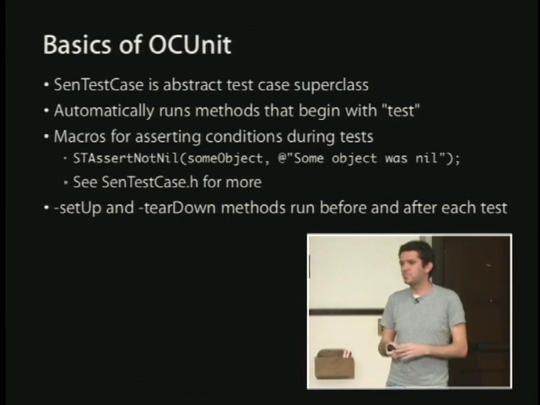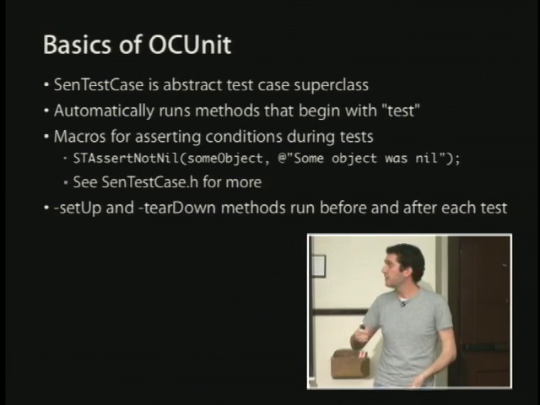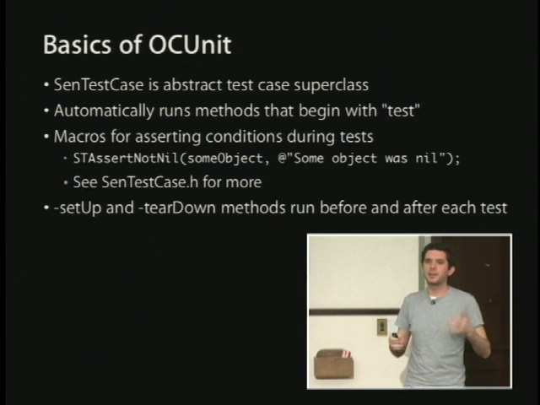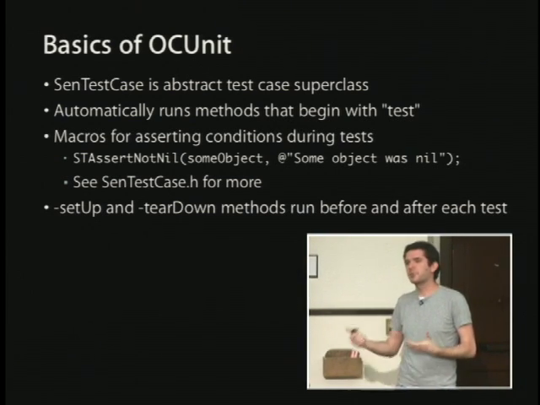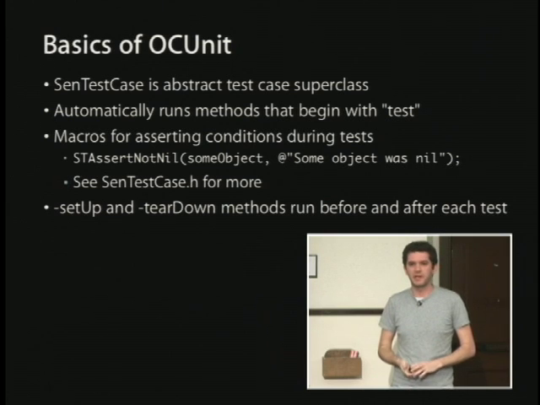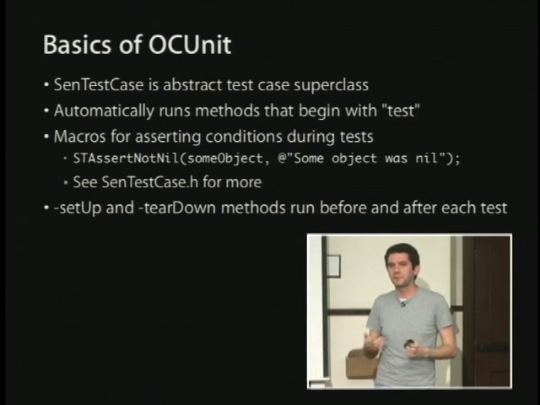So if, for example, you always needed to create this one object that you were going to use in all your test cases, you could create it in setup and destroy it in teardown, and then you'd know that every time one of your test cases got called, you'd have a brand new, just allocated copy of this object, and you wouldn't have to duplicate that code in each test. So that's pretty convenient if you're writing a bunch of tests to verify one particular area of functionality, but you're verifying all kinds of different functionality on one class, and you always want a new copy of that class for every test case.